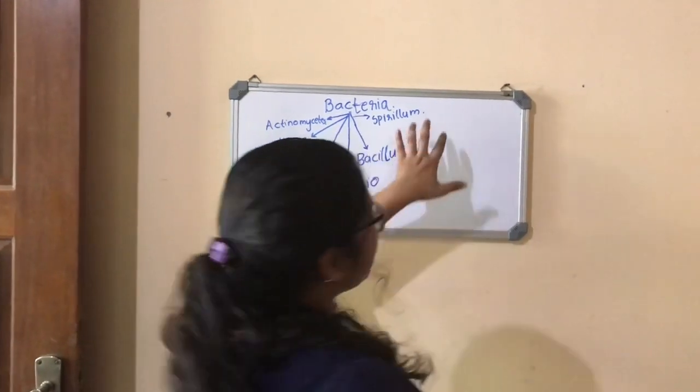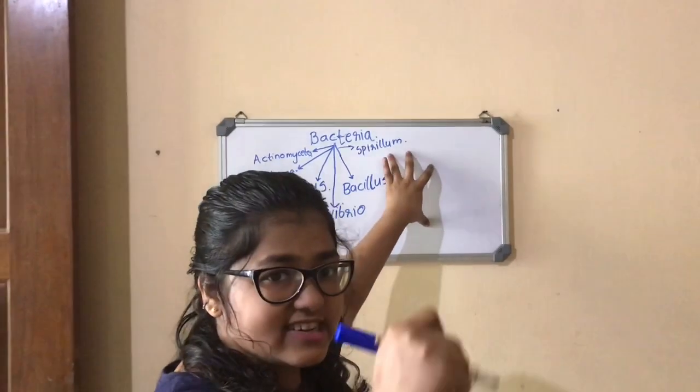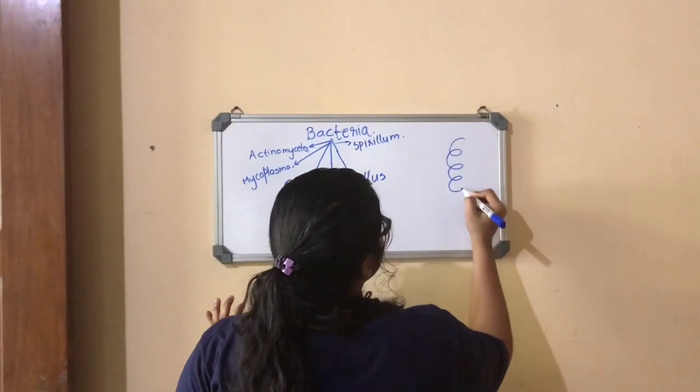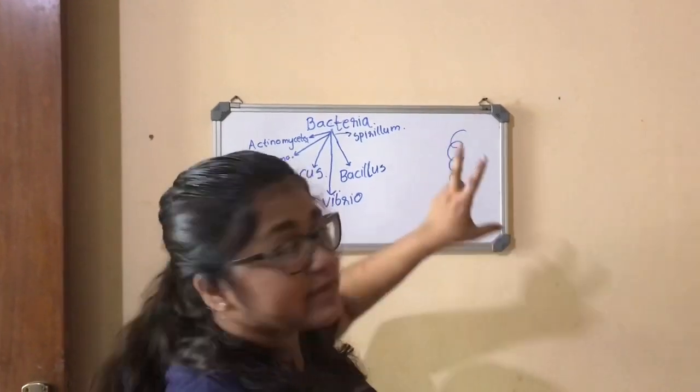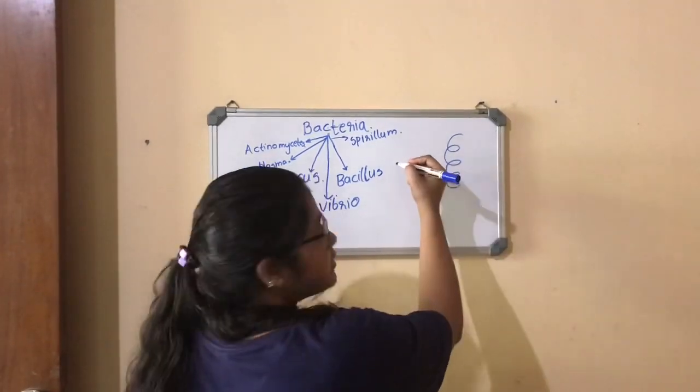Spirillum is a type of bacteria which is spring shaped. It basically looks like a spring. But the spirillum is mainly divided into 2 types. They are the spirilla and the spirochetes.